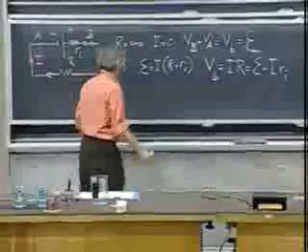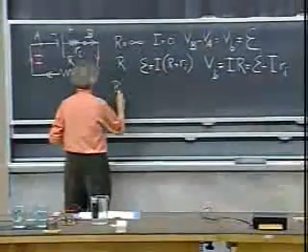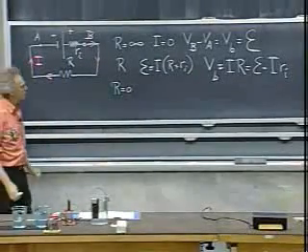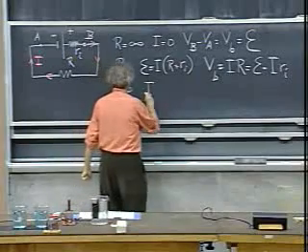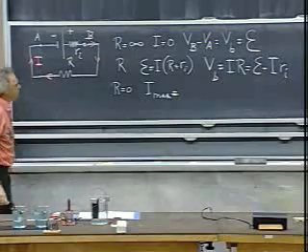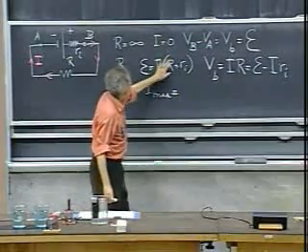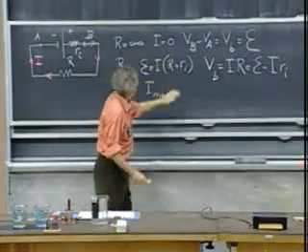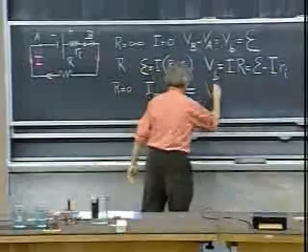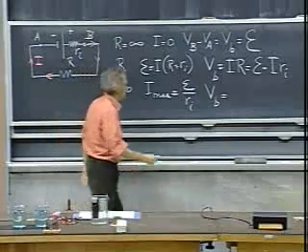If I shorted out this battery, stupid thing to do, but if I make R equal 0, so I take the battery and I just short it out, then the maximum current that I can draw, so R is now 0, so you can see that the maximum I that you can get is E divided by r of I, and V of B, the voltage that you would measure now between point B and A, goes to 0.